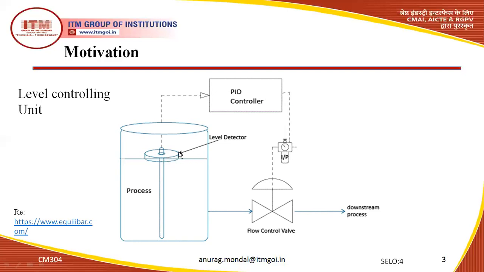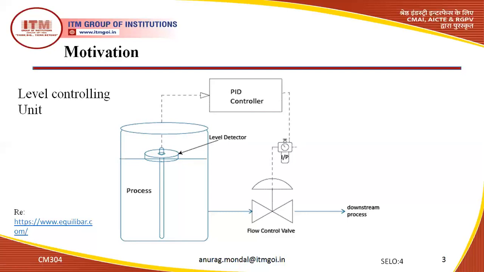Now this level detector is detecting the level continuously, and it provides an output to the PID controller. The PID controller sends a controlling signal to the I2P converter, where the current is converted into pressure, and that pressure goes to the final control element, the flow control valve, where the closing or opening of the valve controls the flow of liquid to the downstream process, and by this we maintain the level of this vessel.